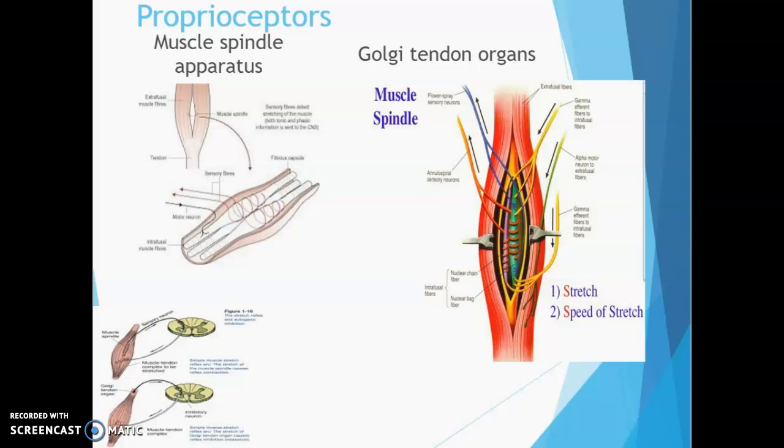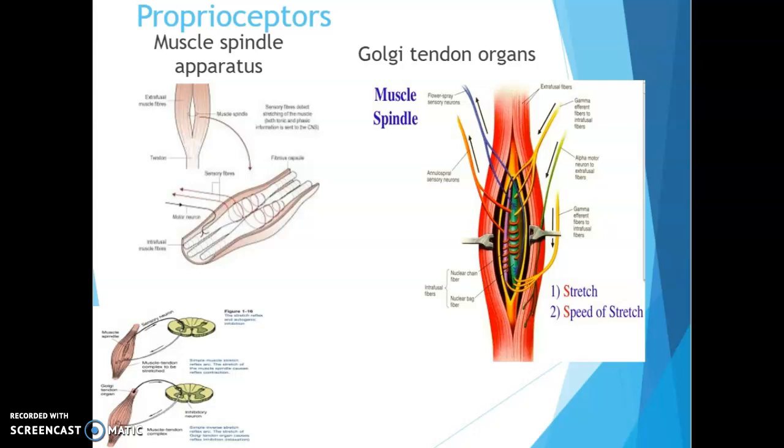The stretch reflex is a muscle contraction which will happen as a response to the stretching of the muscle fibers. It's a monosynaptic reflex which provides automatic regulation of skeletal muscle length, and when a muscle lengthens, the muscle spindle is stretched and its nerve activity will increase.